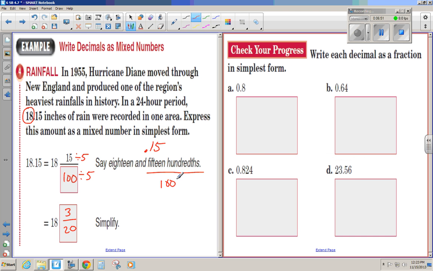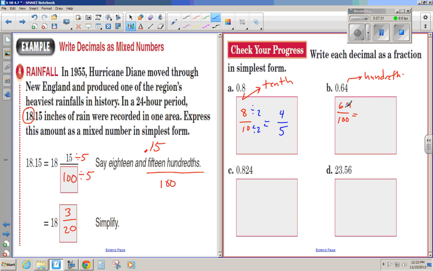All right, let's work on some of these. Write them in simplest form. So this is a tenth. So it's 8 over 10. Divide both sides by 2. And you get 4 fifths. This right here is a hundredth. So you would take the 64 and divide by 100.